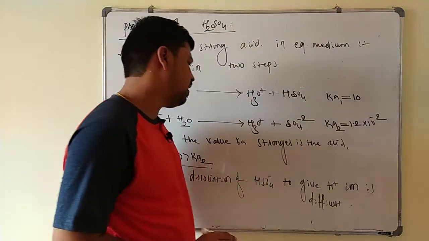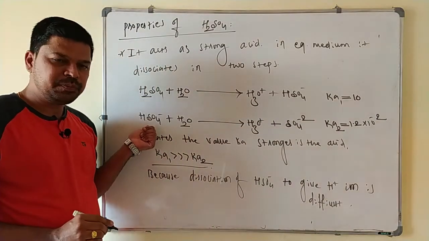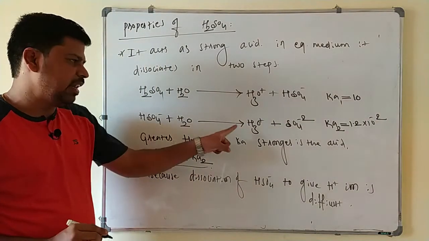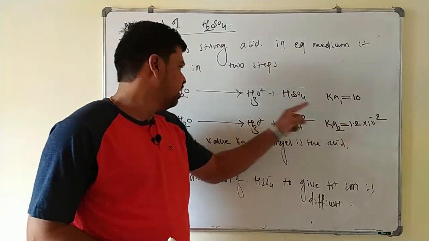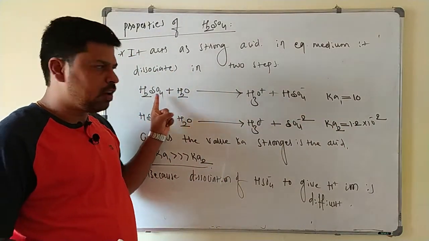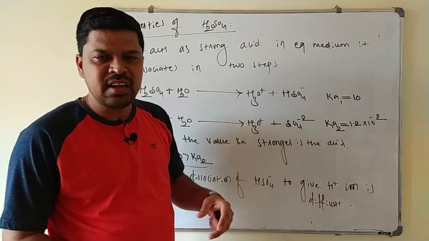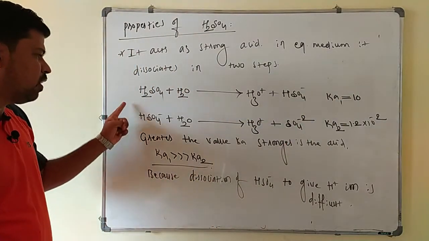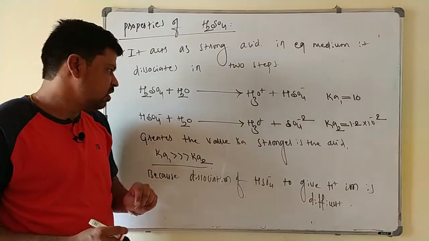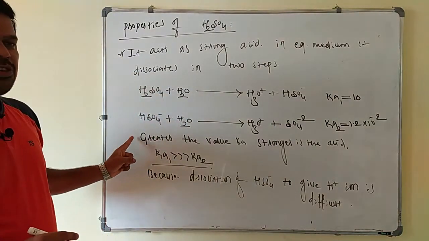This is not giving a proton readily, hence its Ka value is less. In the first step H2SO4 gives a proton readily, hence the Ka value is more. As the Ka value increases, acidic nature increases, and the ease with which the proton is released also increases. So in the aqueous medium, it acts as a strong acid.